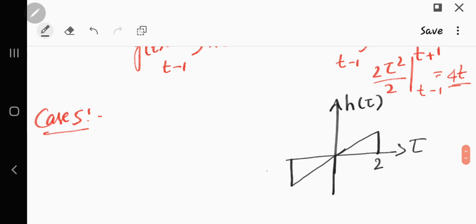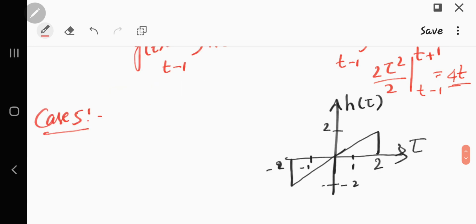So this is plus 2, this is minus 2, amplitude here is minus 2, plus 2, 1, and write 1 here, minus 1.